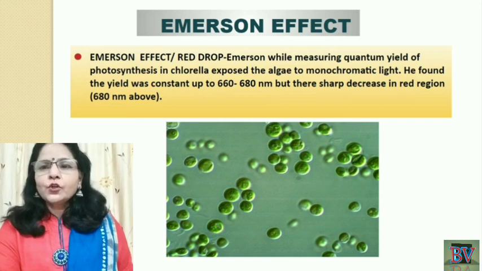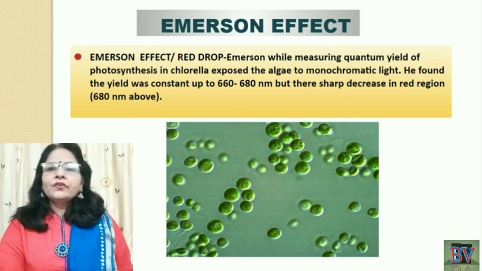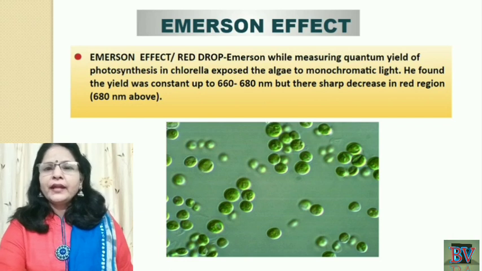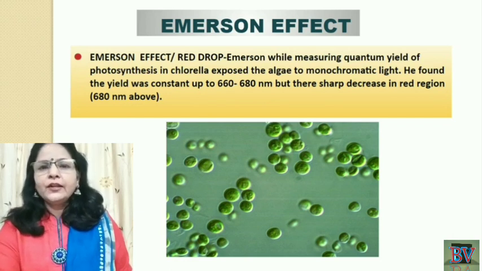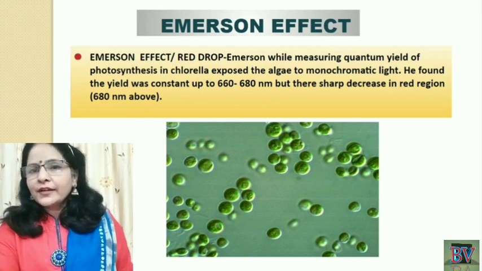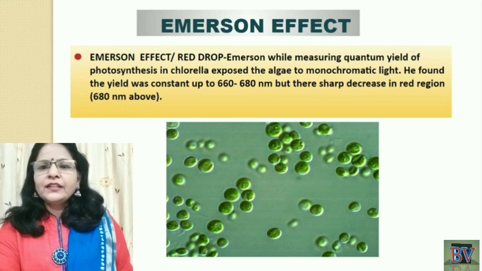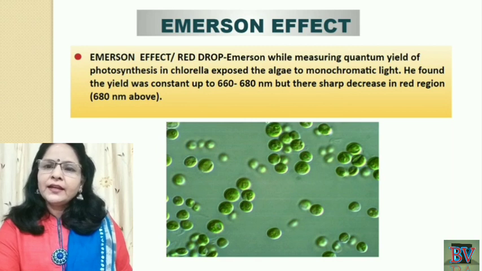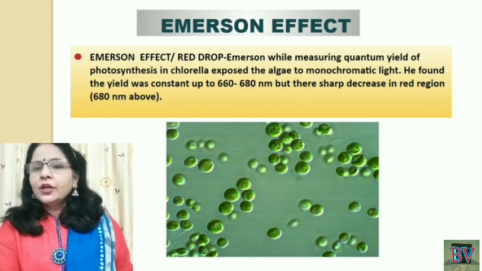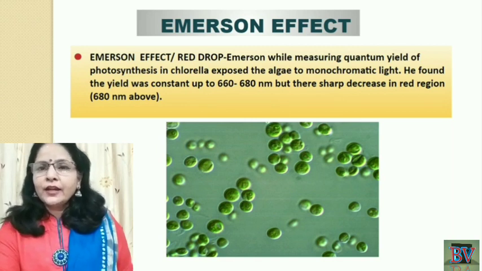So it is called quantum yield. While they were measuring the quantum yield of Chlorella, he plotted a graph between the light absorbed and quantum yield, and he gave monochromatic light to the Chlorella.